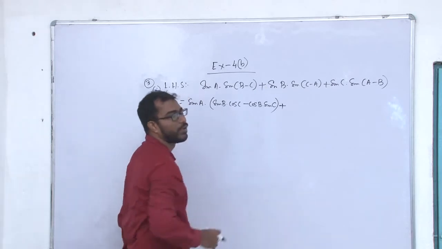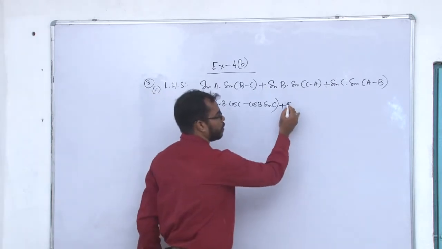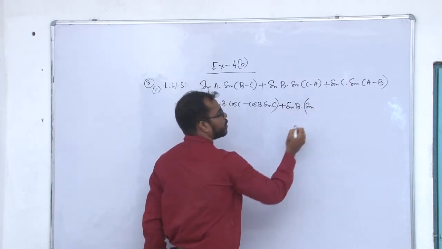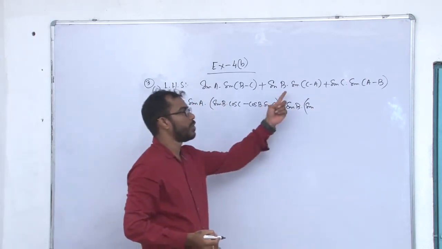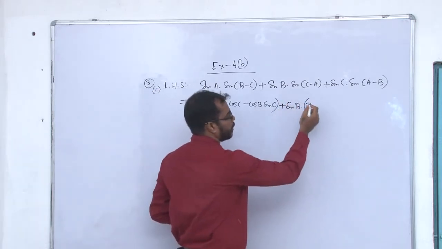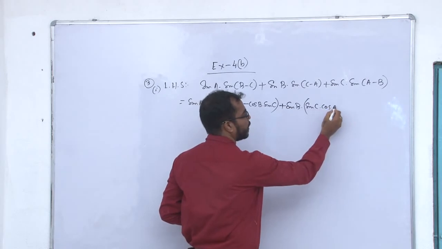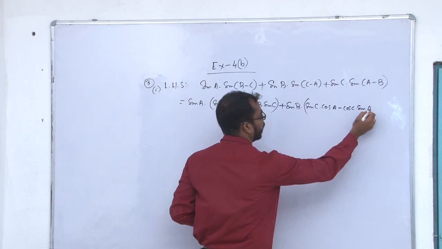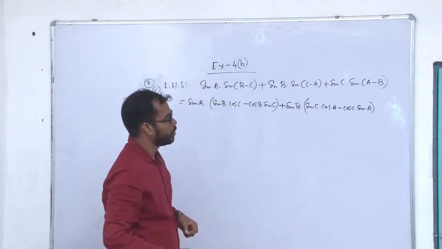So you can write sin B times, using the formula for sin(C minus A) according to the formula for sin(A minus B), sin C cos A minus cos C sin A.